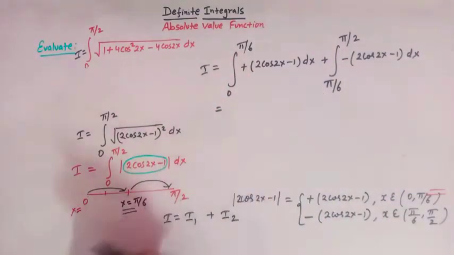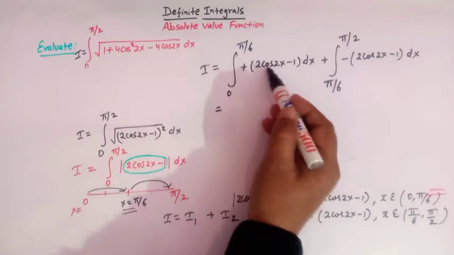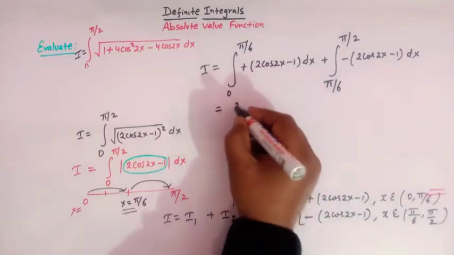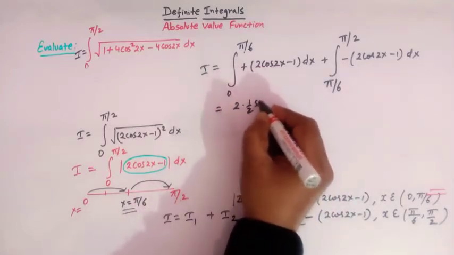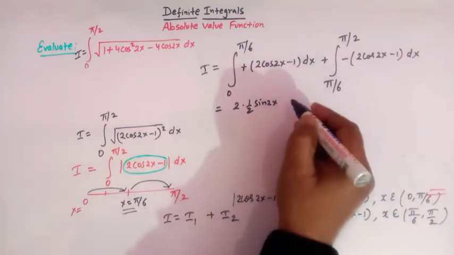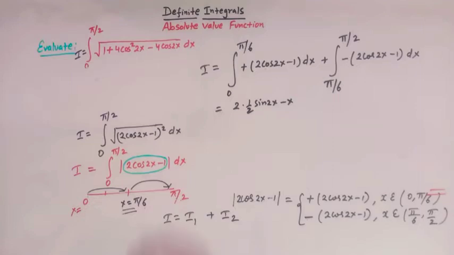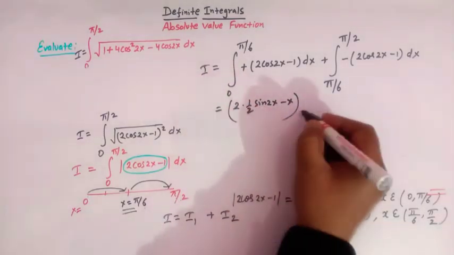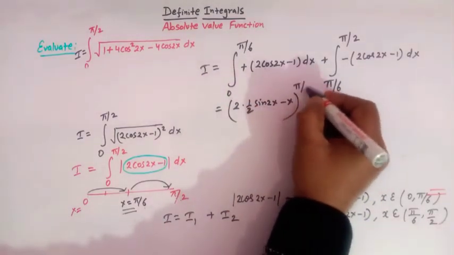Now the integral of cos 2x is half sine 2x, and the integral of 1 dx is simply x, and the limits of integration are from 0 to pi by 6.